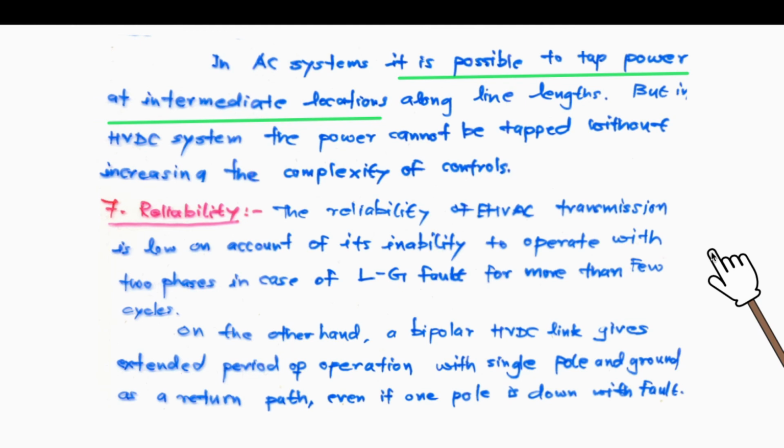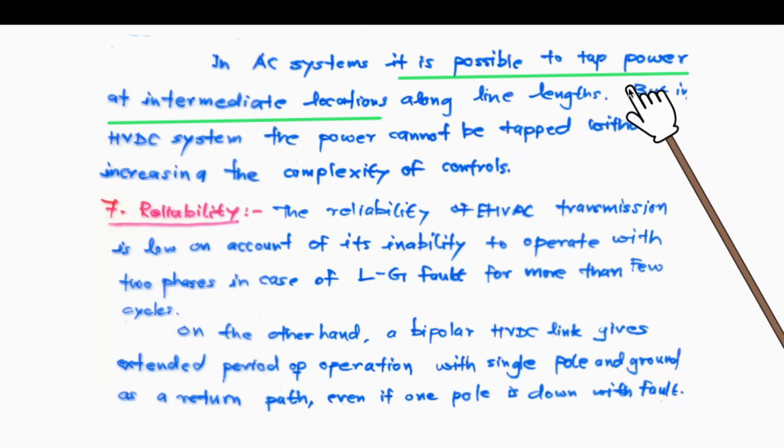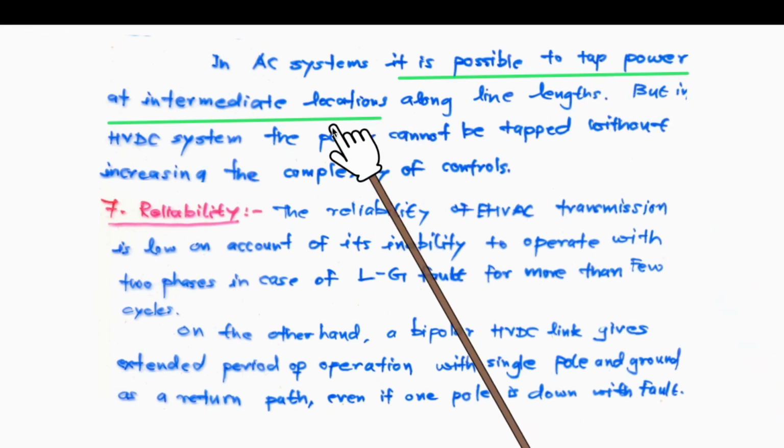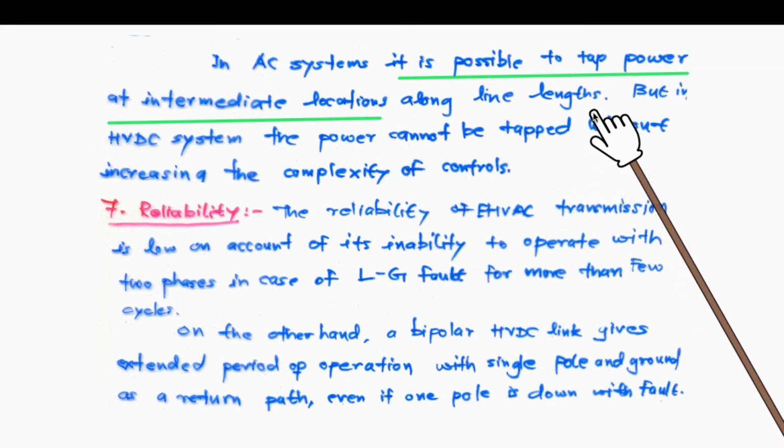All you have to do is just install a step-down transformer at some intermediate location along the line length, and you are simply able to step down the voltage and utilize it directly. Naturally the generator capacity has to be taken into consideration, but tapping the power in AC network is not a very difficult task.